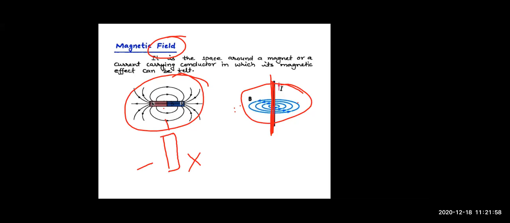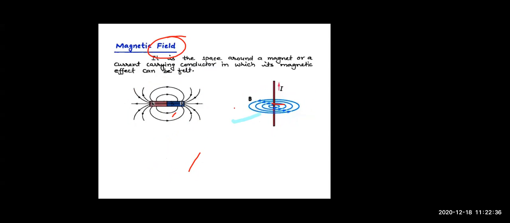But once you bring the magnet within the space, then the force between the two magnets is felt, or if you bring another current carrying wire here, then the force between the two current carrying conductors will be felt, right? So that region around a magnet in which the magnetic force will be felt by another magnet is called the magnetic field.